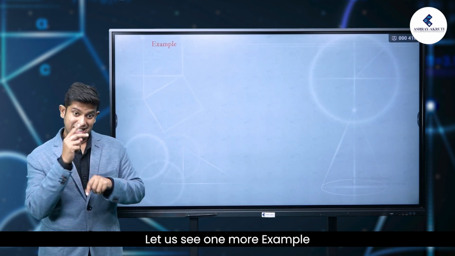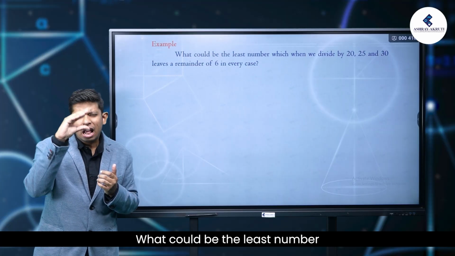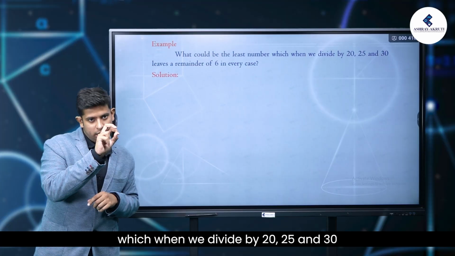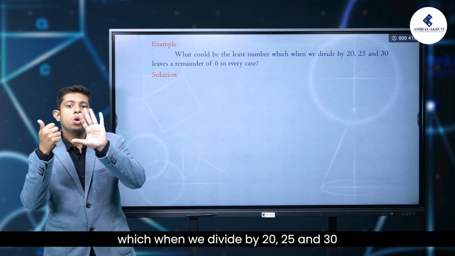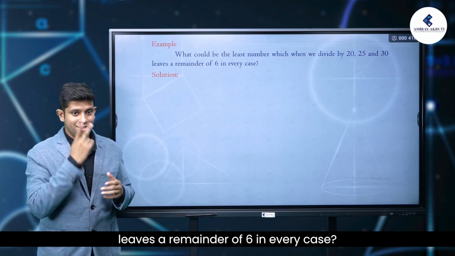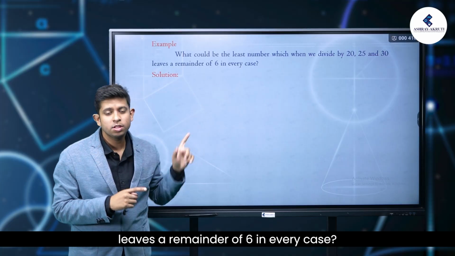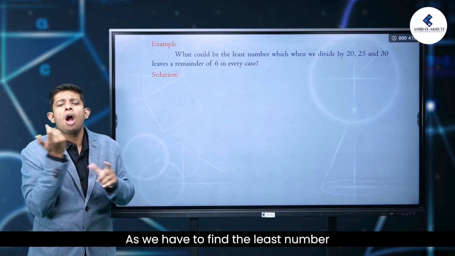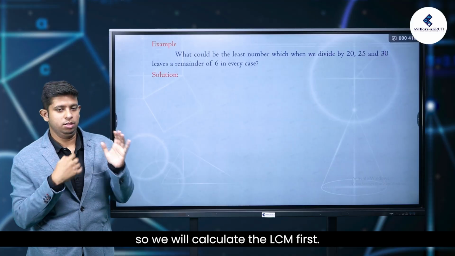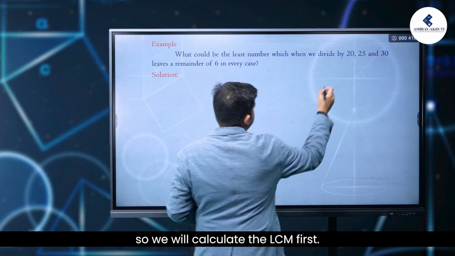Let us see one more example. What could be the least number which, when we divide by 20, 25 and 30, leaves a remainder of 6 in every case? Solution. As we have to find the least number, so we will calculate the LCM first.